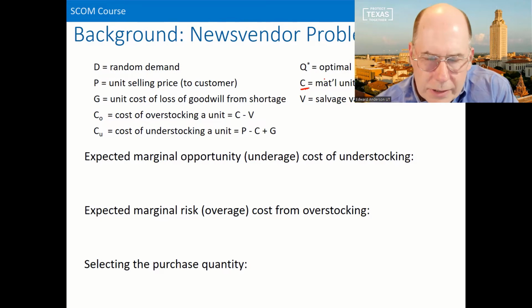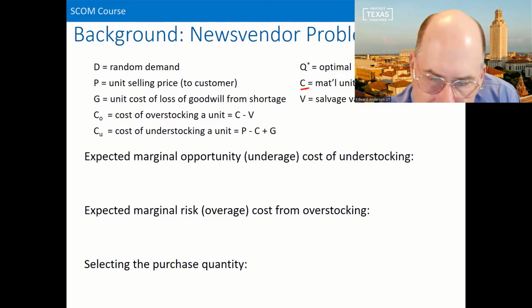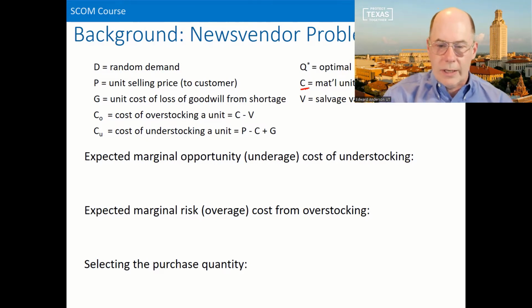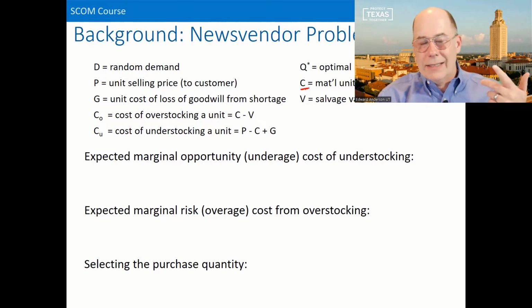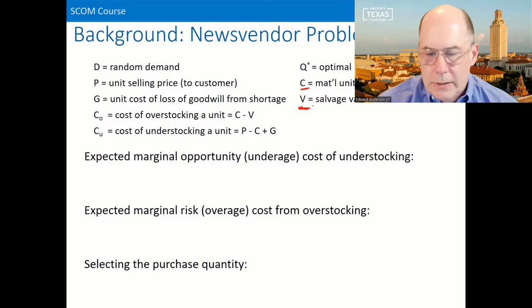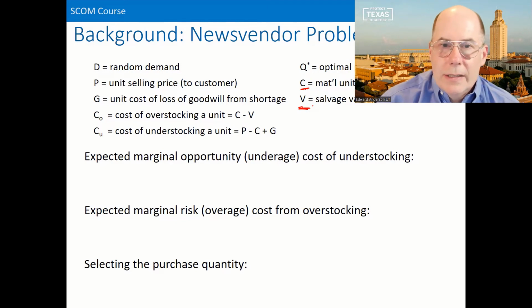Also, though it usually is not expressed this way in the newsvendor formula, C should also include the holding cost. So just remember that it would include the holding cost as well. And then G is the unit cost of loss of goodwill from a shortage. Like I said earlier, effectively that is the net present value of the loss of future sales because you have stocked out. V is the salvage value for the product. So if you end up with it at the end of the season, how much can you get for it?